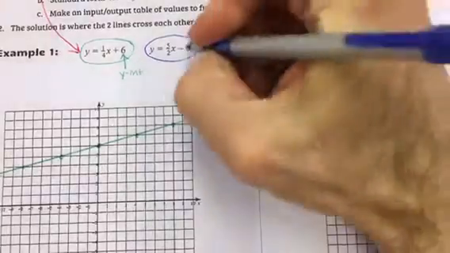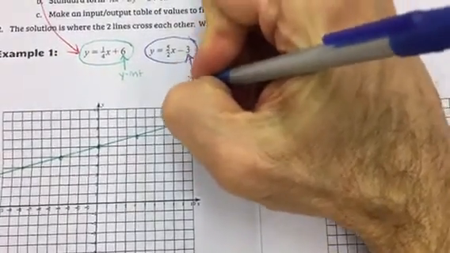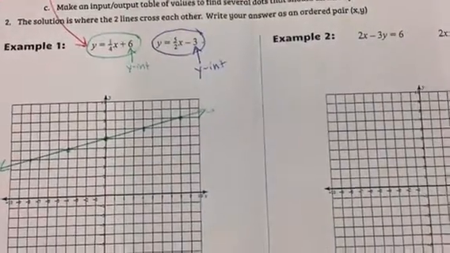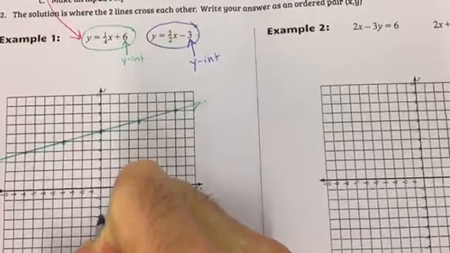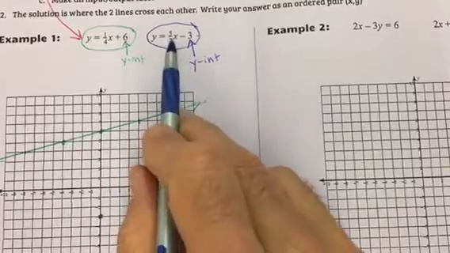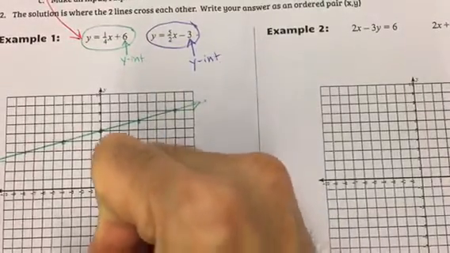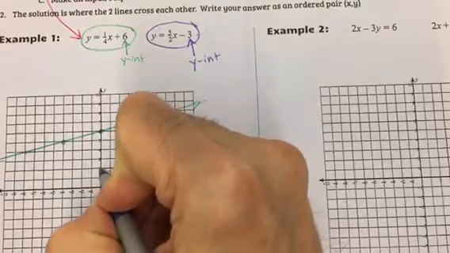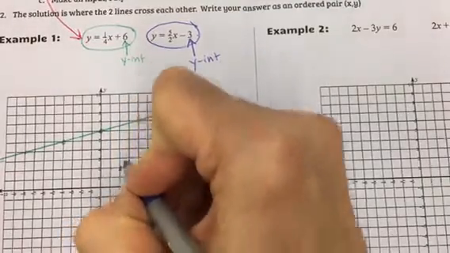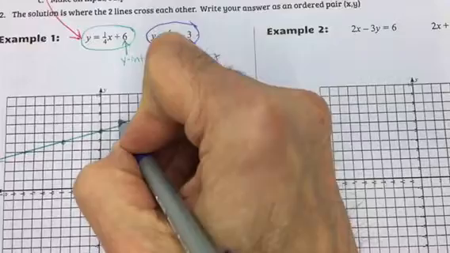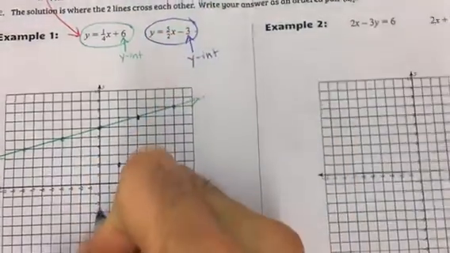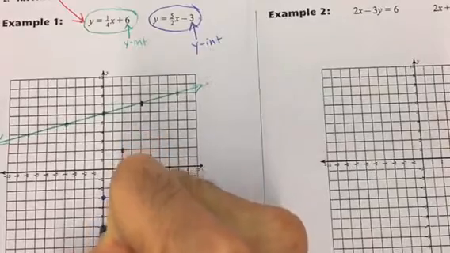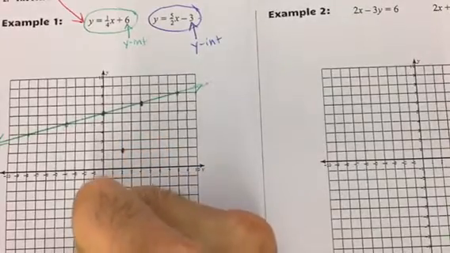Now I'm going to do the blue one. My y-intercept is first. Start at -3. My slope is 5 over 2. That means up 5, 1, 2, 3, 4, 5, over 2. Again, up 5, over 2. Got it. Then it goes off the page. I can also go down 5, 1, 2, 3, 4, 5, backwards 2.